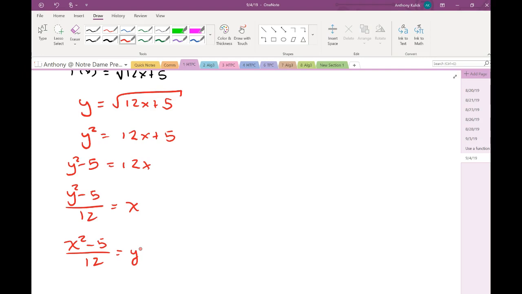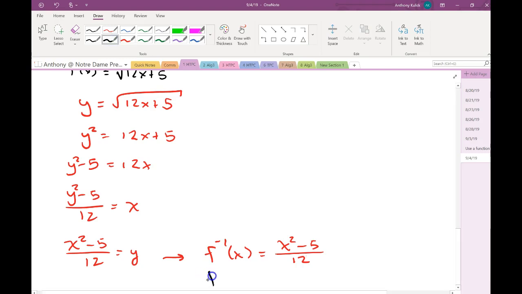Does anybody see an issue here? What if I compute f inverse of negative 1?